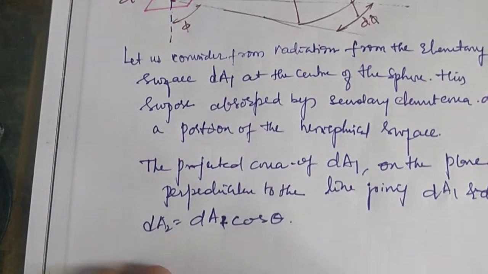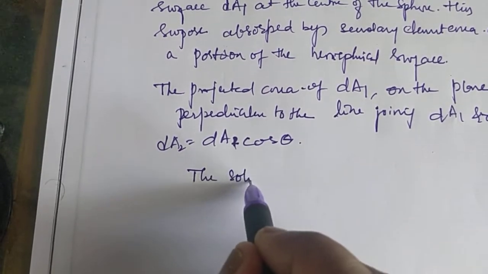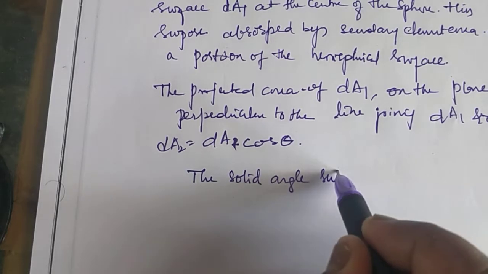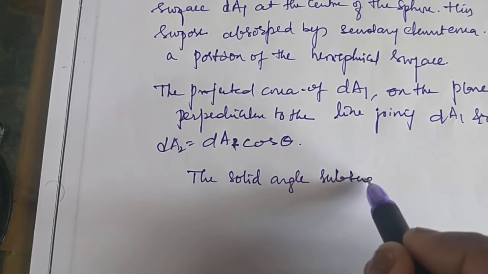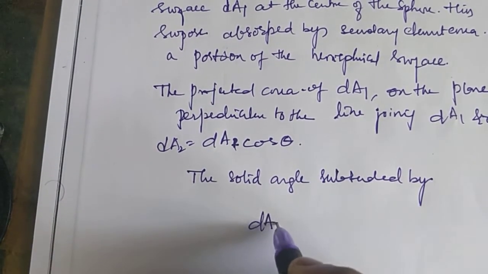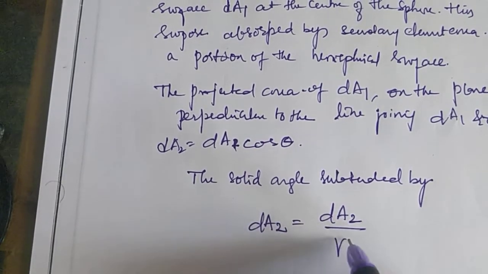Now the solid angle subtended by dA2 is equal to dA2 by r square.